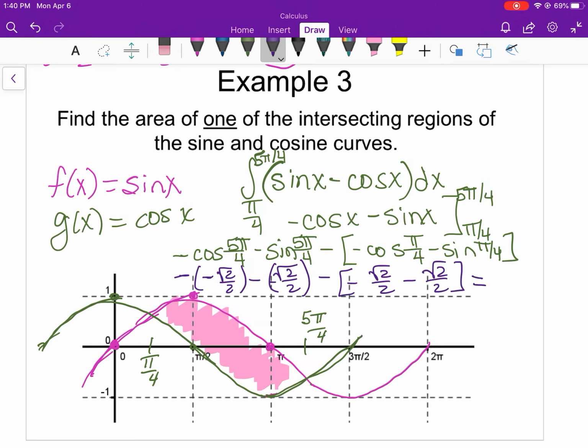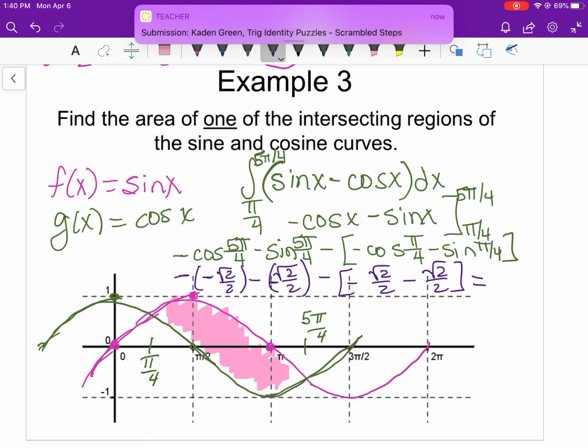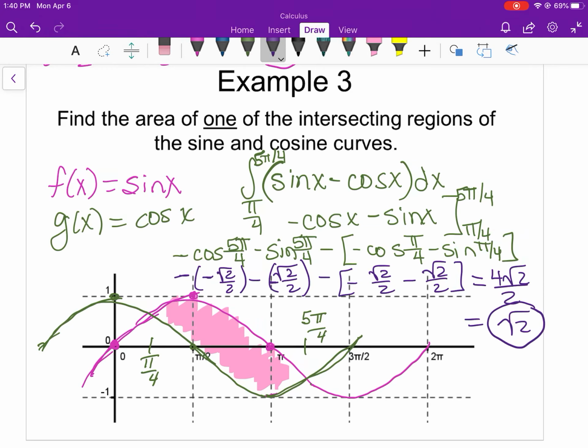So basically you're going to end up with 4 radical 2 over 2, radical 2. Oh, how about a 2 in front of there? There we go, 2 radical 2.